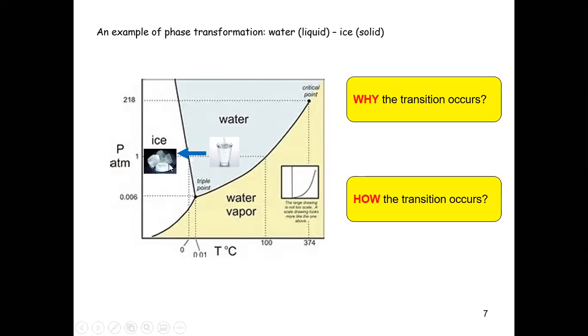And so, as we said before, if we want to convert this liquid phase into ice, one thing we can do is go across this temperature axis, the horizontal axis, by cooling the system from a high temperature to a low temperature. But if you look at the phase diagram, the horizontal axis is the temperature and the vertical axis is the pressure.